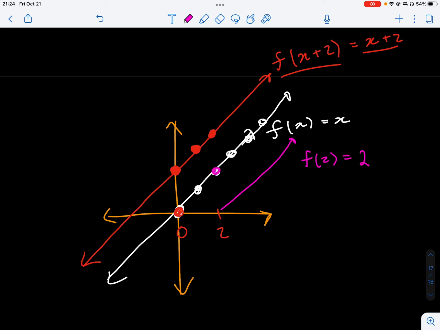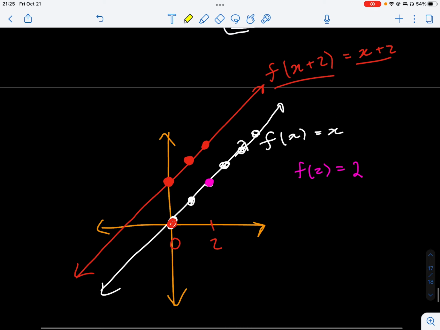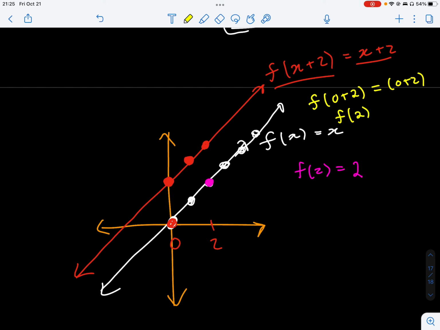You get this point right here. If you plug in, for instance, 0 to this equation, I'm going to go ahead and erase those two lines right there. What you get is f of 0 plus 2 equals 0 plus 2, which if you were to simplify both of these two things, you get f of 2 equals 2.